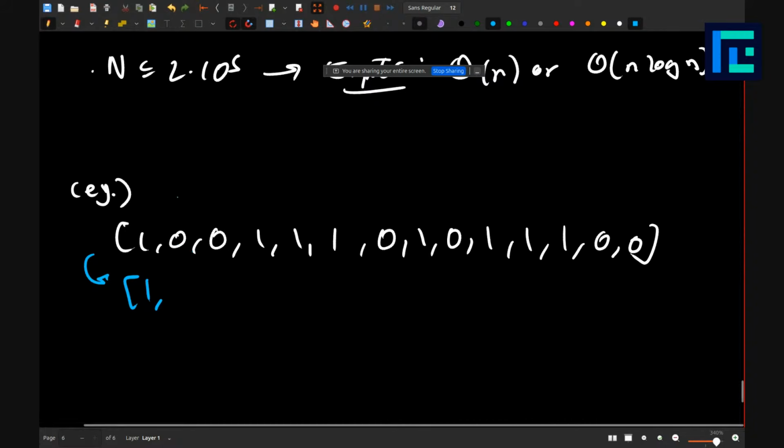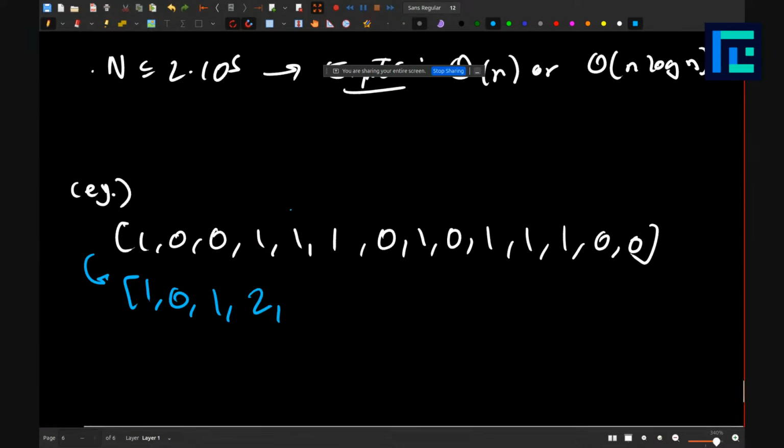Now let's say we do a very greedy kind of solution, like we have 1 over here. Now this 0 is fine. Now this 0 does not want to be equal to the previous one, so we'll make this a 1. This 1 does not want to be equal here, so we'll make this a 2. Now this is not equal, so this is 2, this is 1, so it's fine.